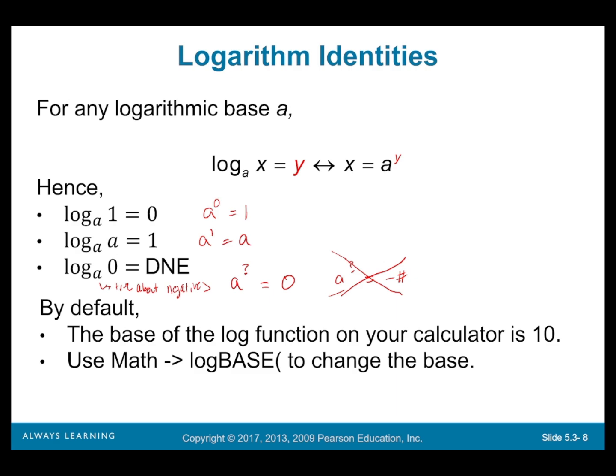Now, by default, like I said before, the log function on your calculator is going to be base 10. And so if you want to actually change the base, you want to use this log base. What you're going to go to is you're going to see math, and then you're going to see log base with an open parenthesis. You do have to scroll down a little bit to find it, but you'll be able to actually plug in what the base is there.